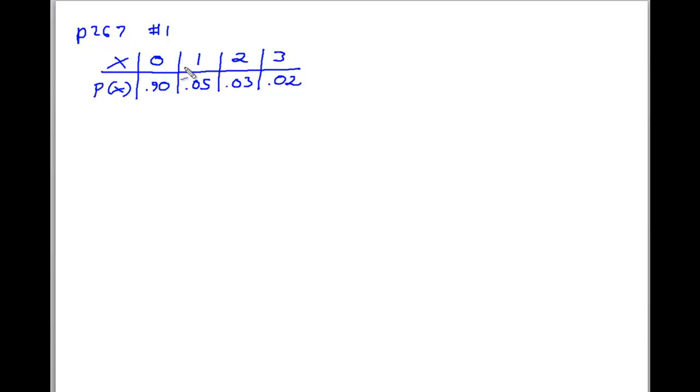Now we're going to use the formula to find our mu, which is the average number of defective DVDs. To find mu, add up all of the x's times P of x. You take all of your values of x and multiply each by the probability of x happening, and that will give you mu, the average number of defective DVDs.